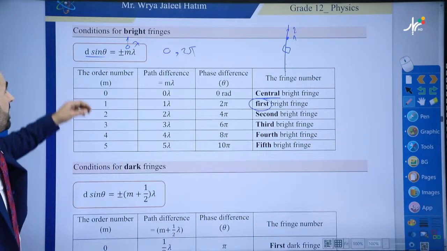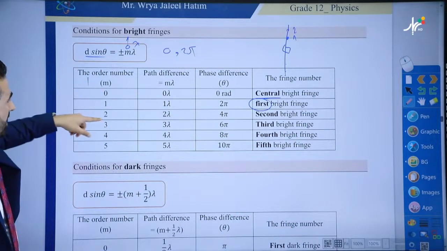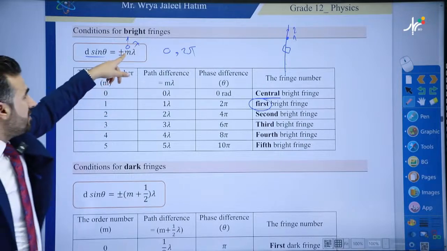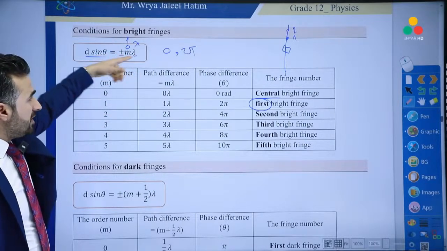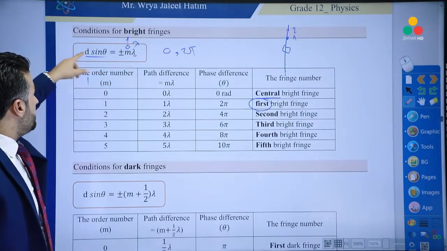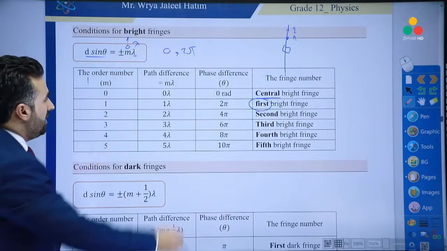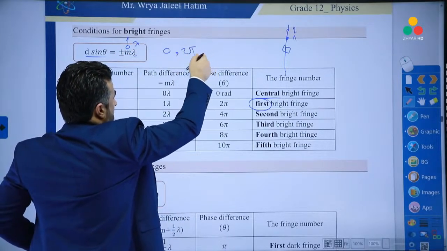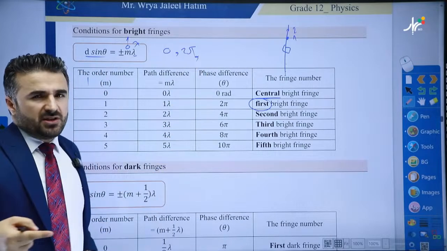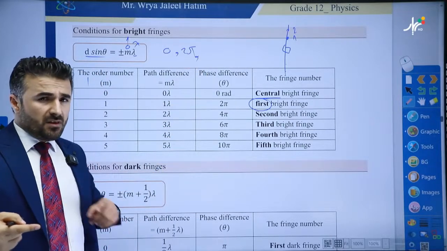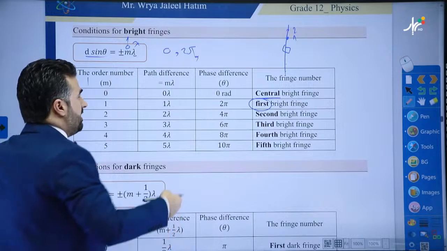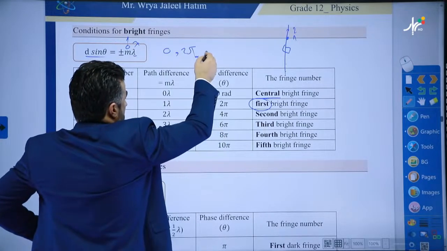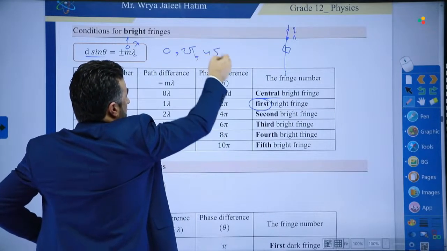Now what about when m is 2? Put 2 here, that is 2 times the wavelength, plus or minus, on either side. And then d sine theta equals 2 lambda. Remember, each phase difference for constructive is 2 pi, so you can say multiples of that. 2 times 2 pi is 4 pi, correct?